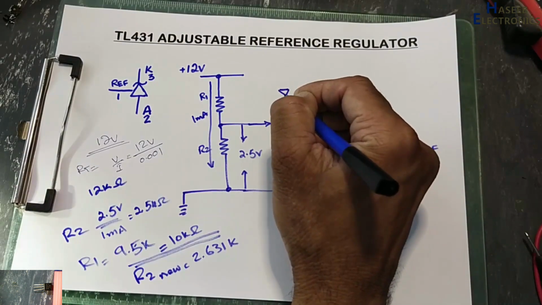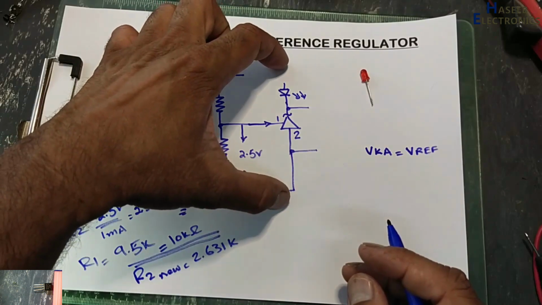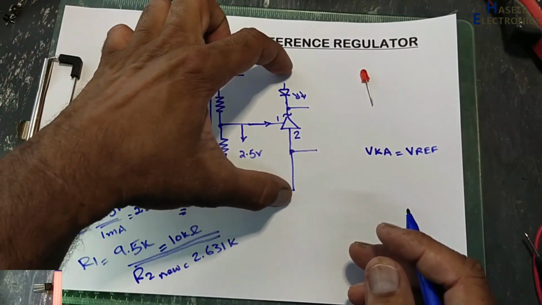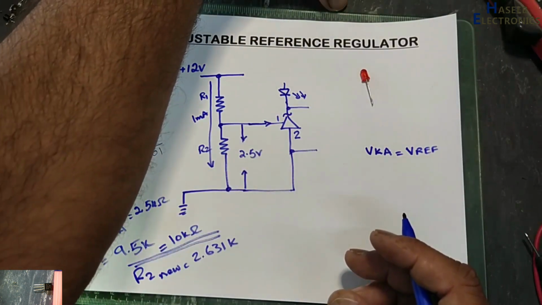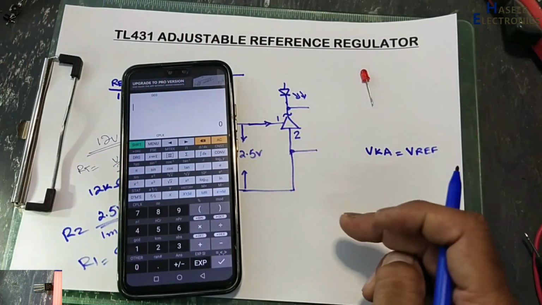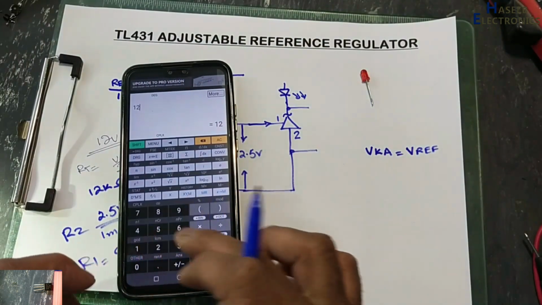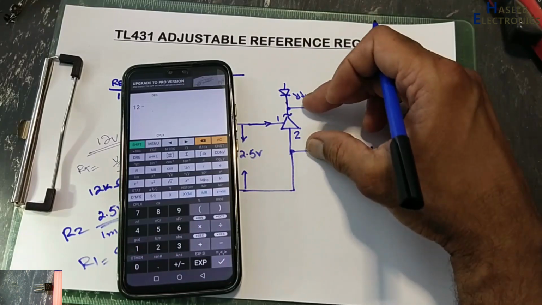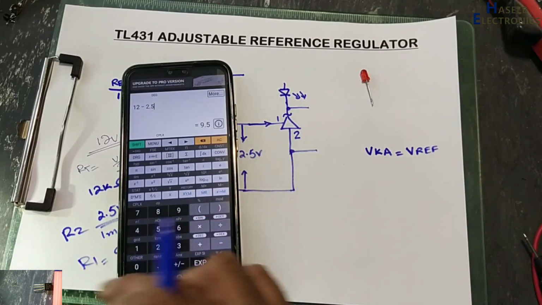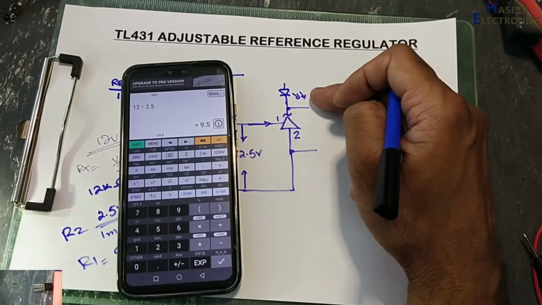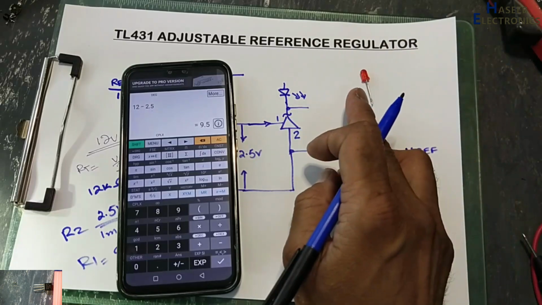I want to turn on this LED. We have supply voltage here now. If we are using the same supply, at that time we need a resistor here. Why? Because from this point to this point, 12 volt minus 2.5 volt will drop across this component, minus LED junction voltage, normally 1.8 volt depending on the color.